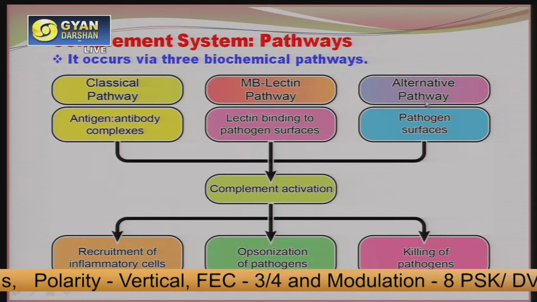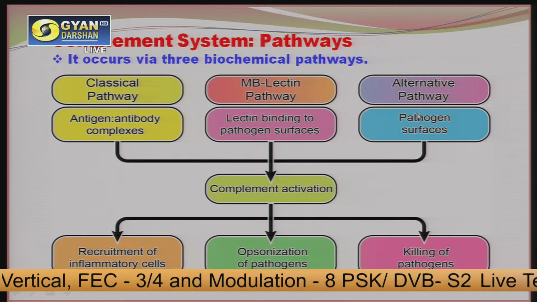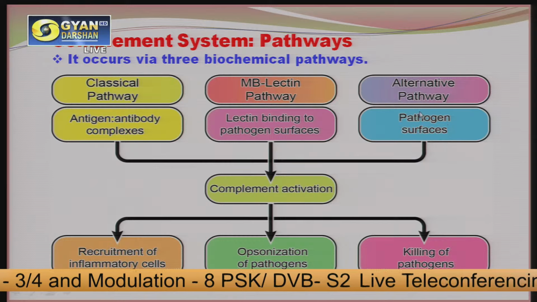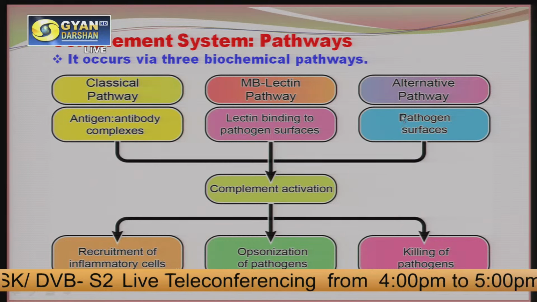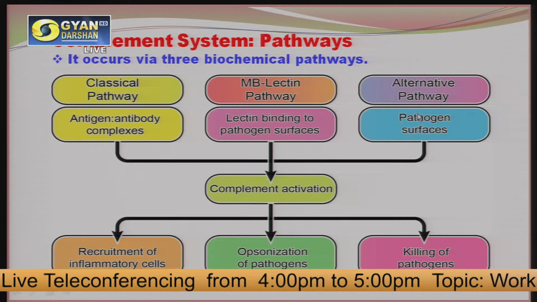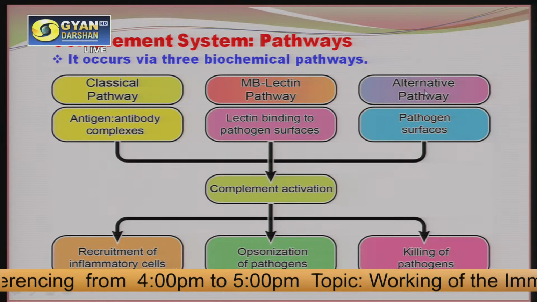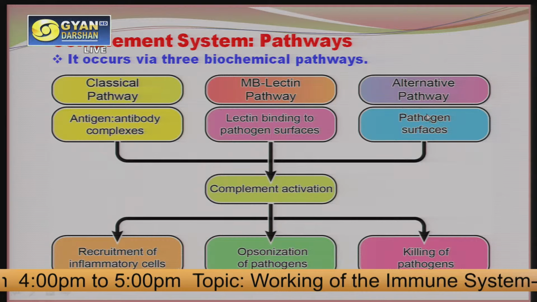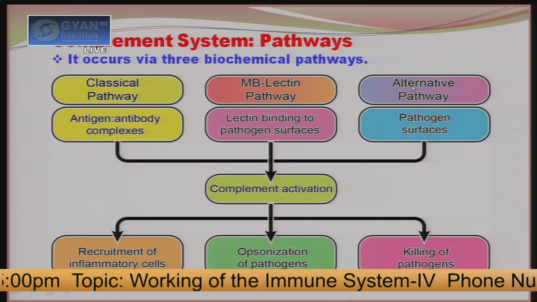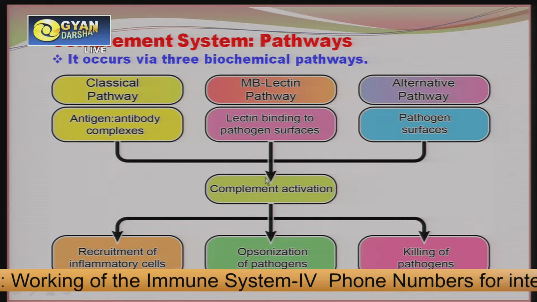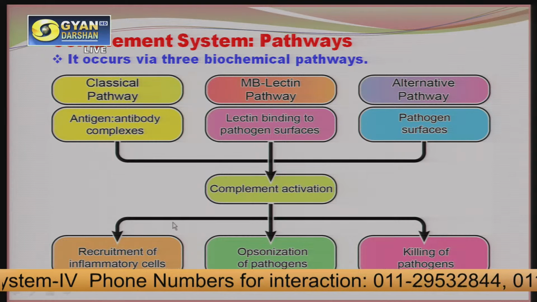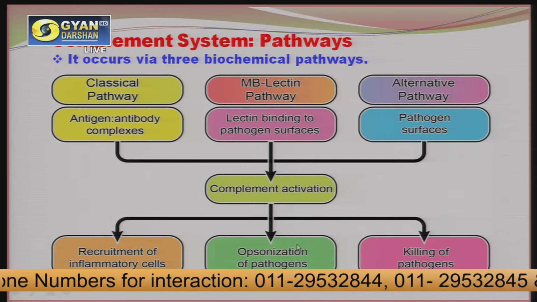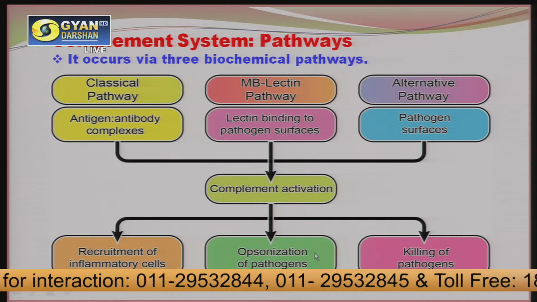And the third one is the alternative pathway. Pathogen surfaces have different antigens like lipopolysaccharides, teichoic acid, and a number of molecules present on the surface. They will activate the alternative pathway. So they can activate the complement pathway, recruit inflammatory cells, and cause opsonization of the pathogens.